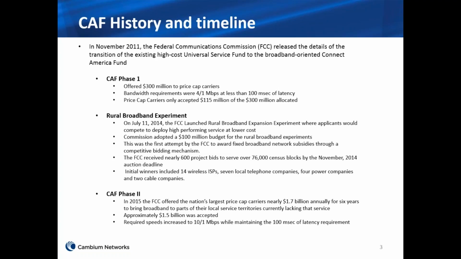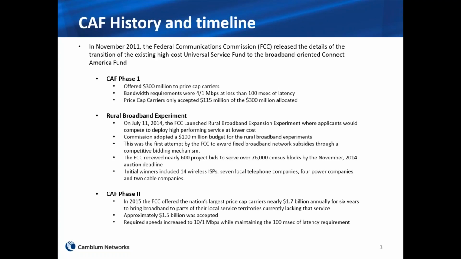With the experience gained from the Rural Broadband Experiment, the FCC introduced CAF Phase 2. They were very pleased to see that through the Rural Broadband Experiment there were other service providers willing to provide local broadband to these census blocks. So this experience drove a lot of the requirements in CAF Phase 2.